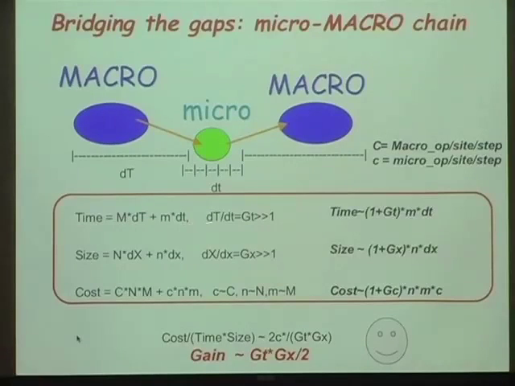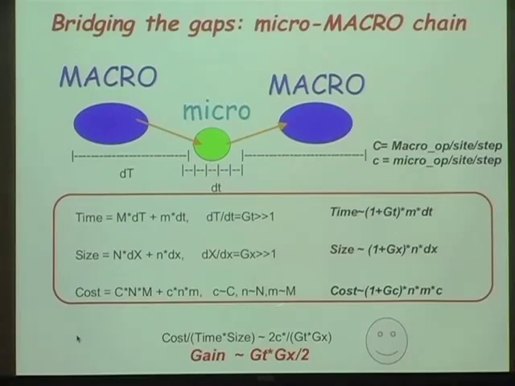I'm just taking this and collecting the microscopic part here. Same goes for size. So suppose that you have n, capital N, large time steps, and small n, small time steps. And this means that by combining the two, you can represent a system which is 1 time, which is the size of the macroscopic system, plus an amplification factor, which is the ratio of the 2 time steps. Okay?